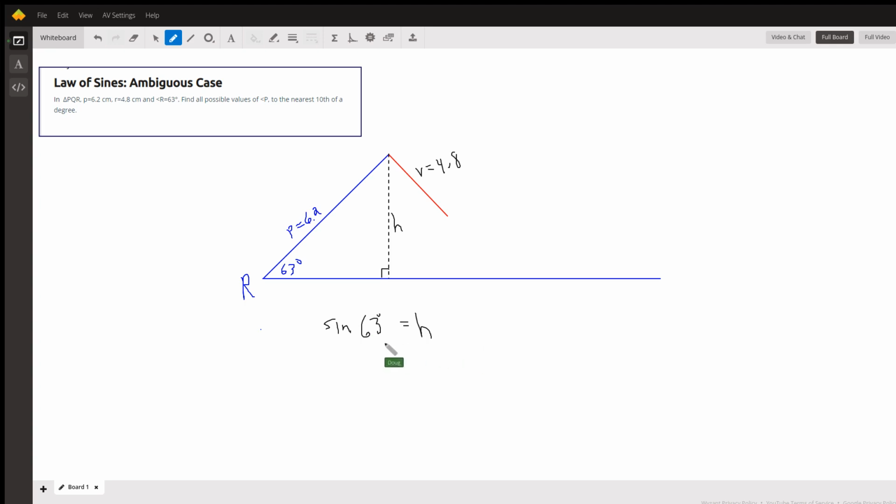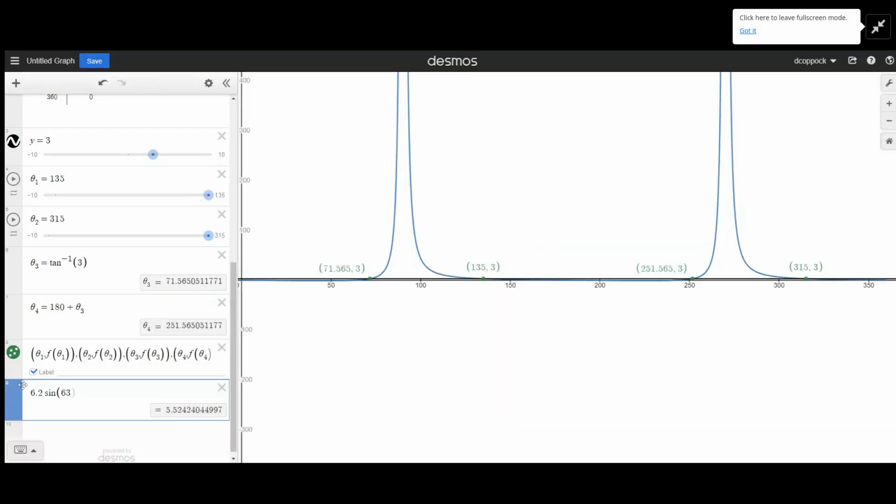If I multiply both sides by 6.2, I will have H.